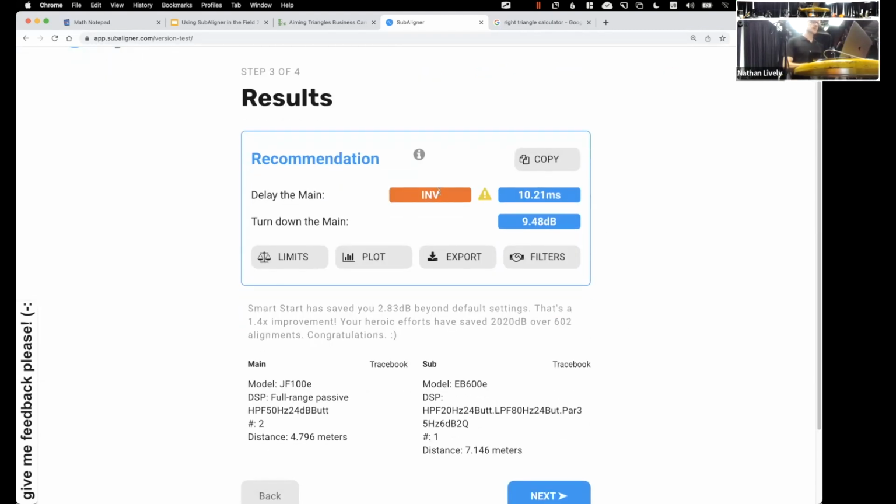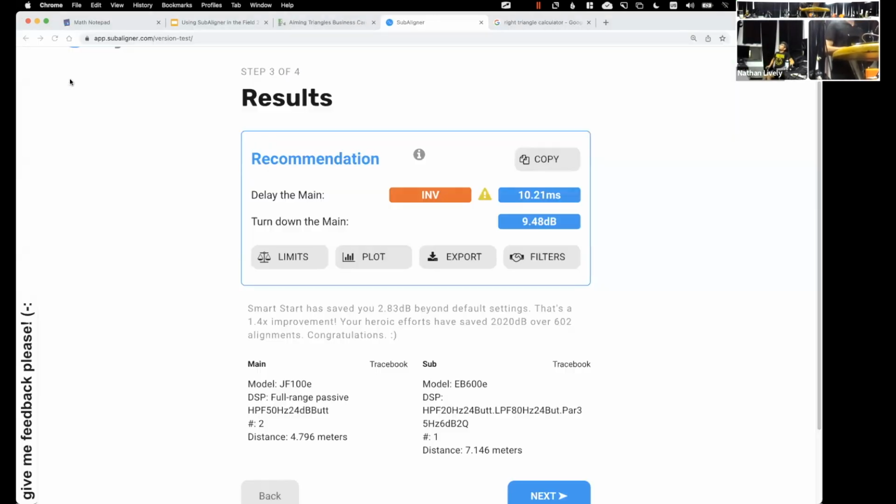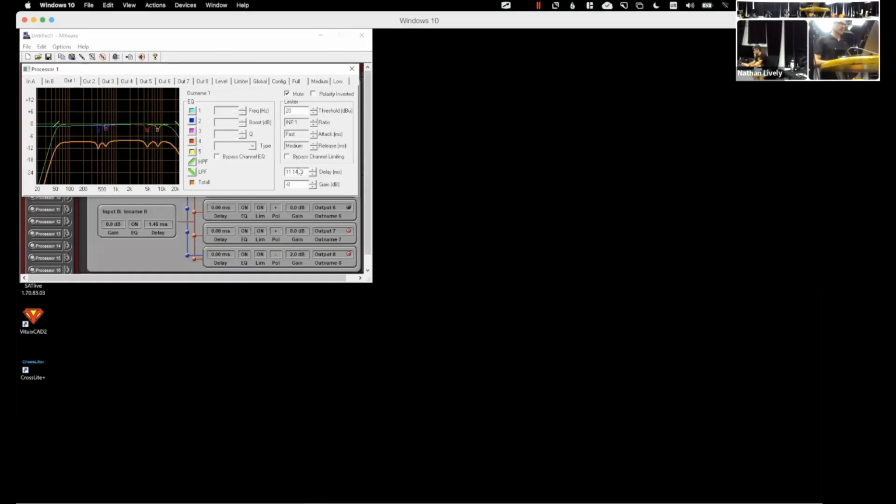Okay, so SubAligner suggests delaying the main, polarity inversion, and it has a level offset here. Let's try that. So here's my main, 10.21 milliseconds, 10.21, and a polarity inversion.